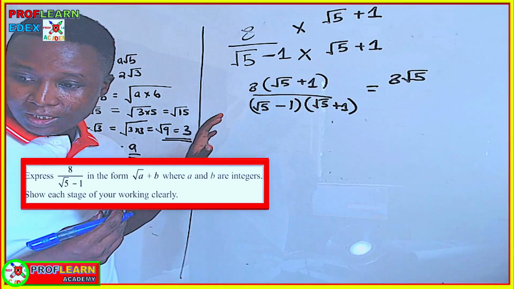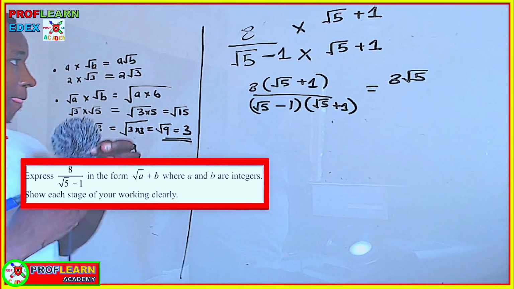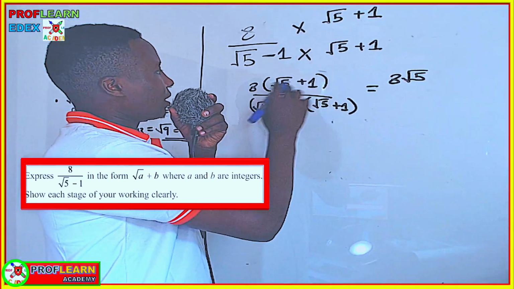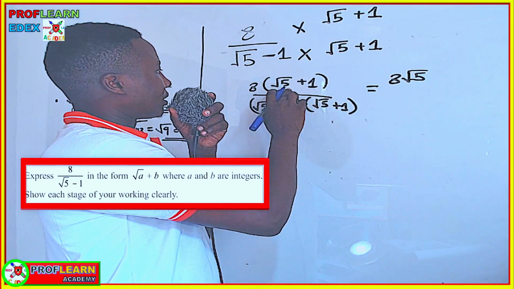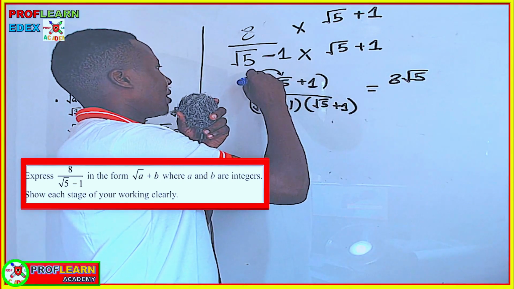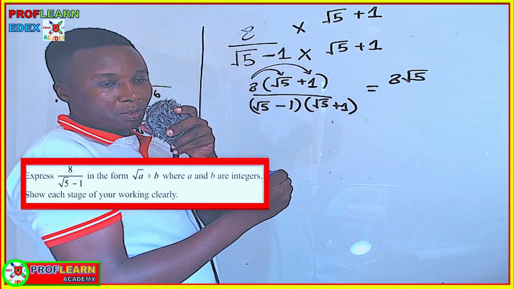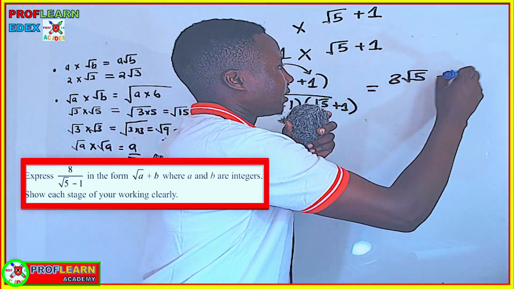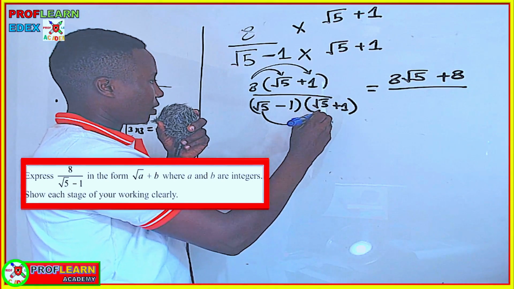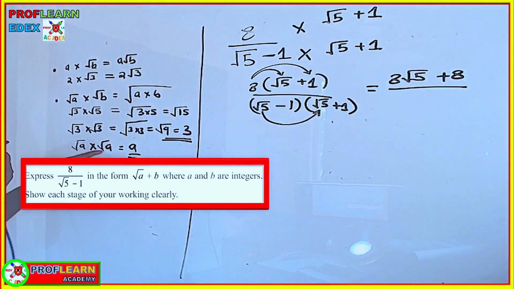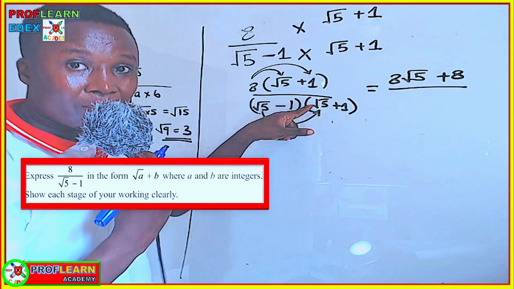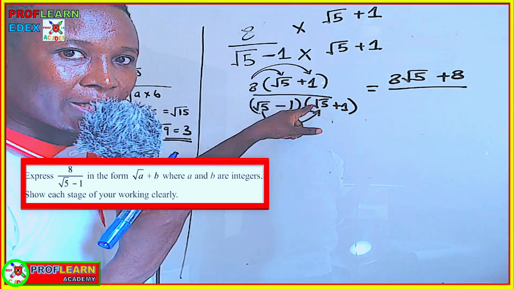So you need to understand the laws and rules of surds. This time this is going to give us 8 root 5, and because we multiply by this term and also by that term, plus 8 over, we multiply root 5 times root 5. Root a times root a is a, so root 5 times root 5 is root 25, which is 5.